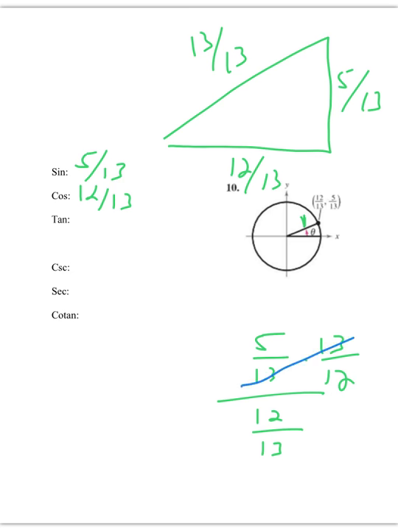My tangent is 5 over 12. The cosecant is the reciprocal of sine, 13 over 5. The secant is the reciprocal of cosine, 13 over 12. And last but not least, kind of like me at the party, is the cotan, reciprocal of tan, 12 over 5.